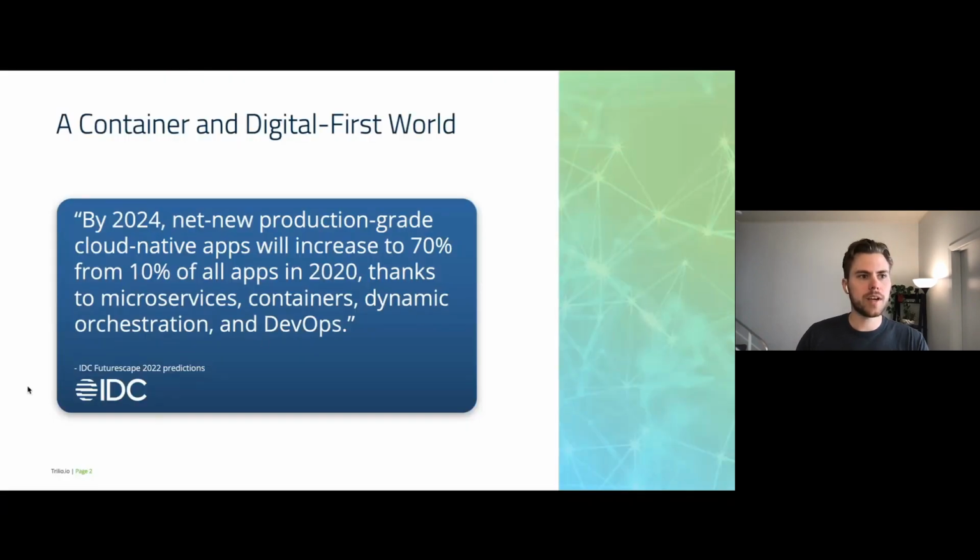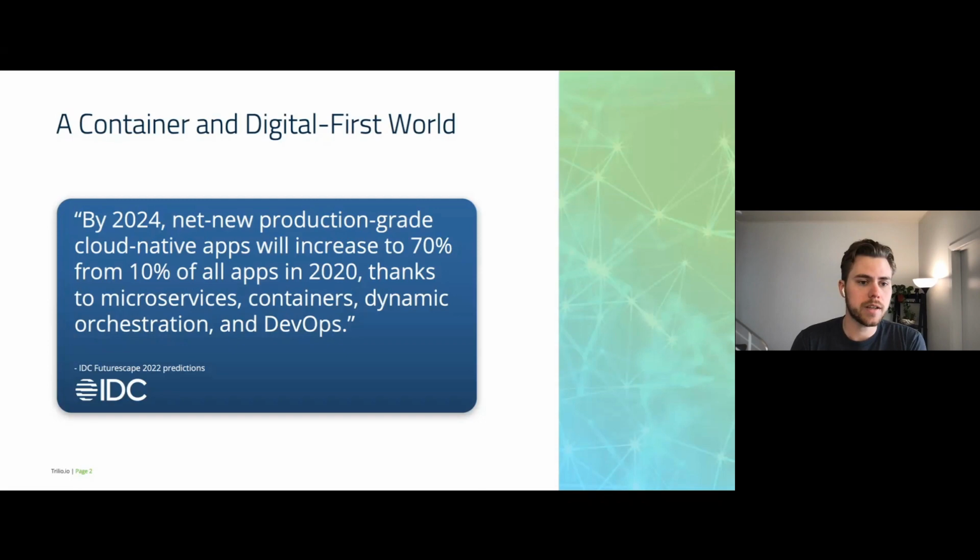So first and foremost, if you haven't gotten a chance to look at some of the new IDC reports from 2022, there's a lot of amazing reports out there, and we really always appreciate all of the research that IDC does. And so from one of the more recent reports, we took a quote out of there that we felt described their work very accurately in some of their predictions and predicting that future landscape of Kubernetes.